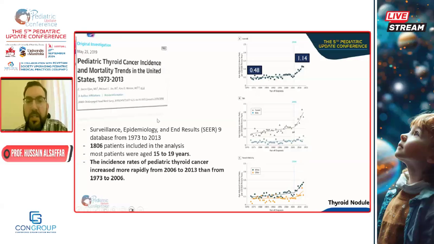Most affected patients are between age of 15 to 19 years, and looking at the trend here, the incidence of rising thyroid cancer between 2006 and 2013 is much higher than between 1973 and 2006.